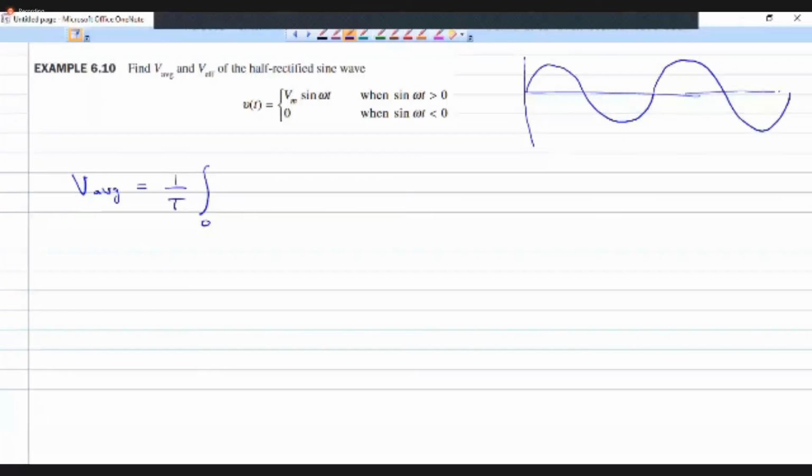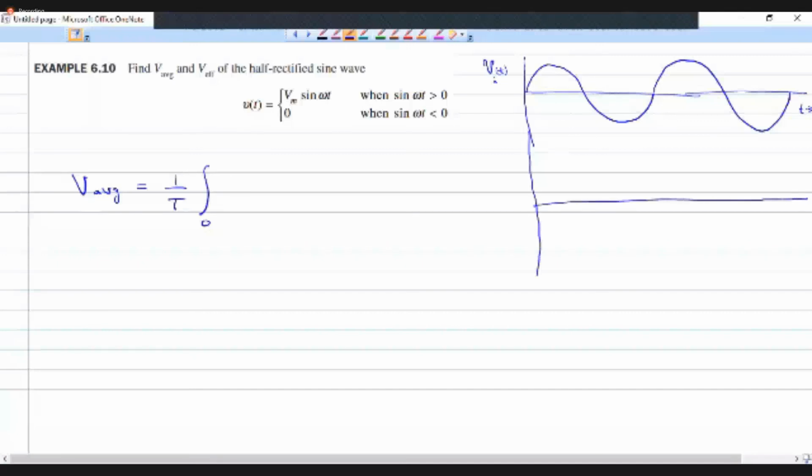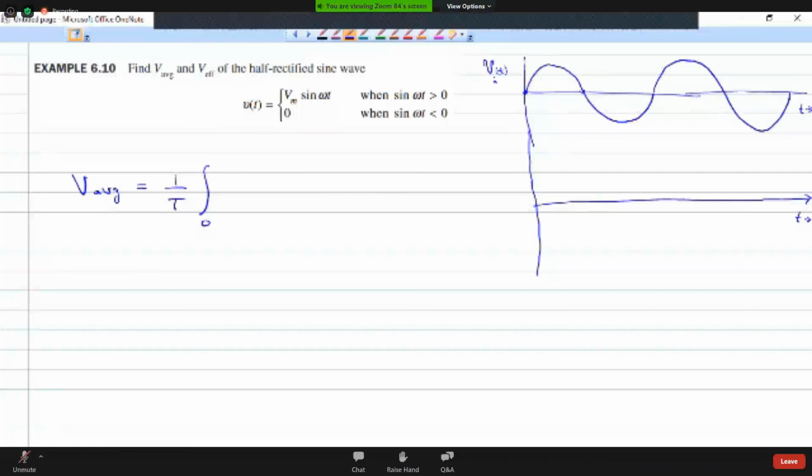So this is the time domain, and this is the voltage. So this is the input voltage that we call Vi of t. And when we do half wave rectification, rectification means we are trying to convert it to DC voltage. So DC means we will have current only in one direction.